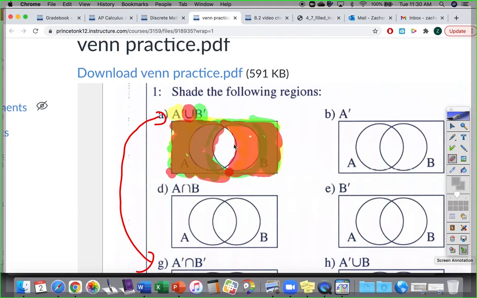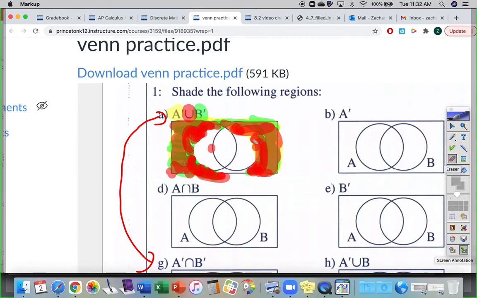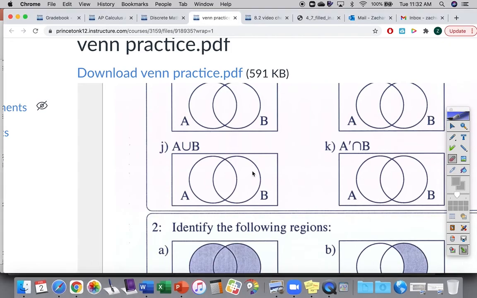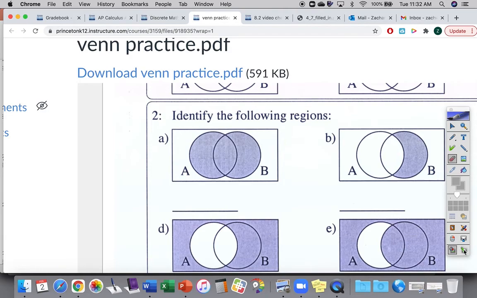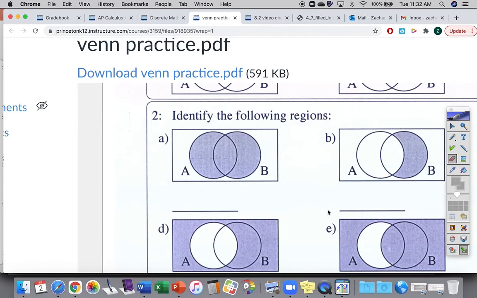So what would that mean? It would mean this area only had one color, this area only had one color, so that would all go away. So you got to think about these nice and slow. When you get down to the bottom, there could be multiple answers.